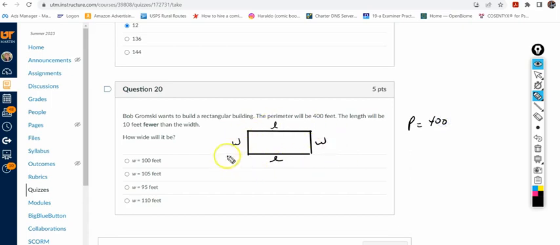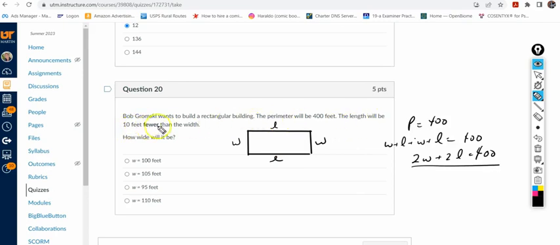And so the perimeter is like a fence. If I add all these different sides up, I'll get width plus length plus width plus length. And so I have 2 times the width plus 2 times the length is equal to 400. So that's one formula I have.